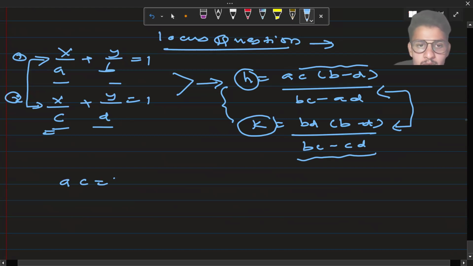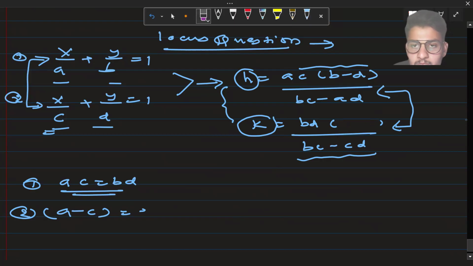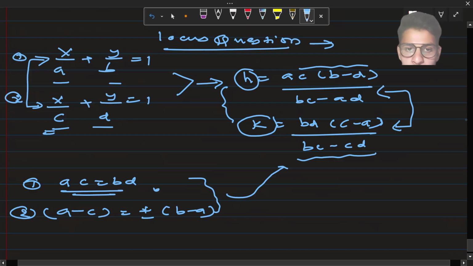If you see, AC is equal to BD. First we have received this, and A minus C is equal to, here C minus A will come, plus minus of B minus D. So you need to play with these two to eliminate and find some relation between H and K. These both will play a major role.